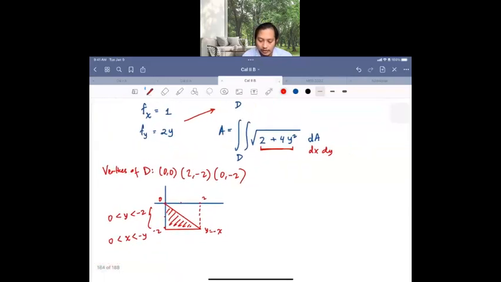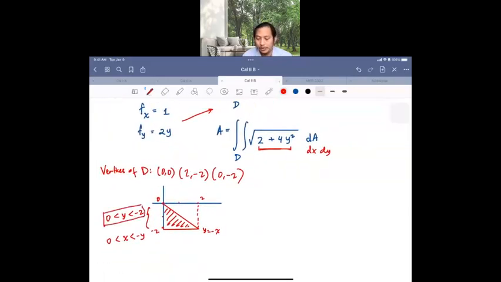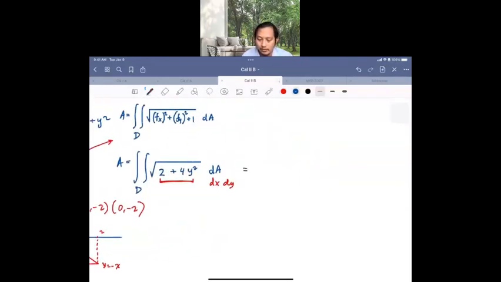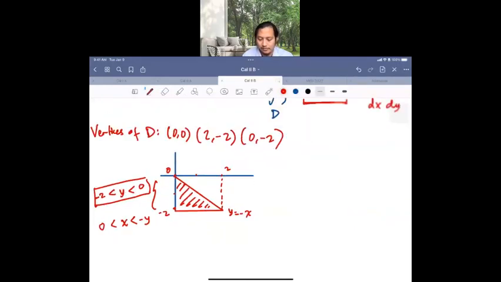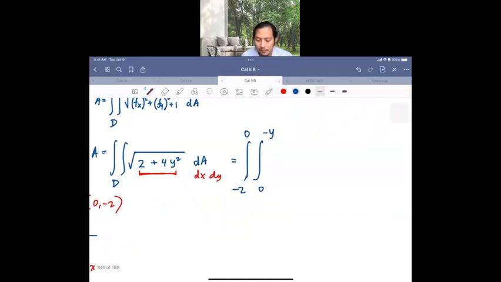That's why I start with the constants through the y-axis. Now we could write down y from -2 to 0. Sorry, I wrote it wrong earlier; it's supposed to be -2 to 0. Then we take the integration with x and then the integration with y. So we take the integral inside.